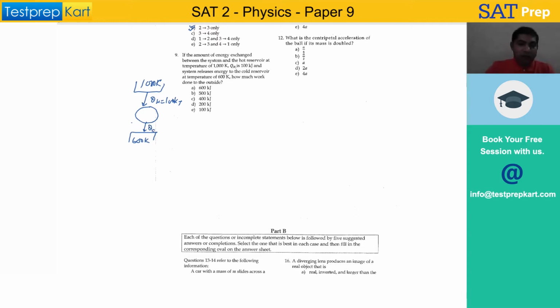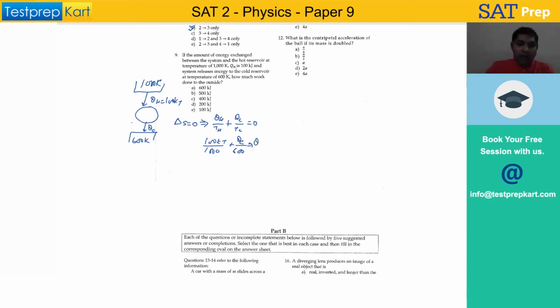For any closed system, we can say the total entropy change should be 0. So we can write this expression as QH over TH plus QC over TC must equal 0. QH is 100 kilojoule, TH is 1000, QC needs to be calculated and TC is 600.